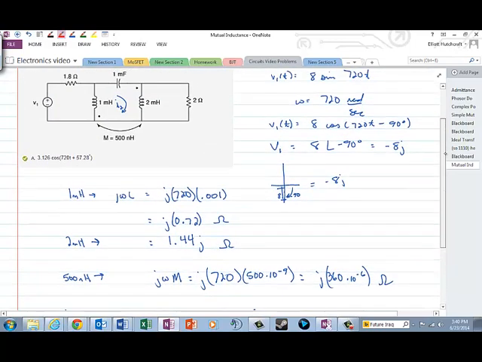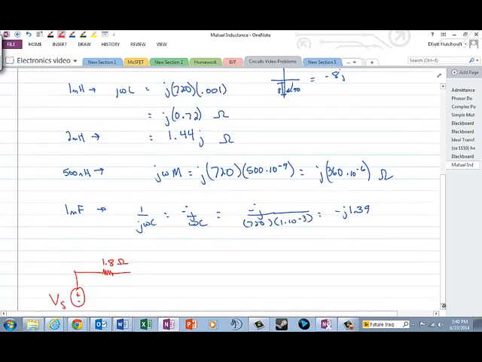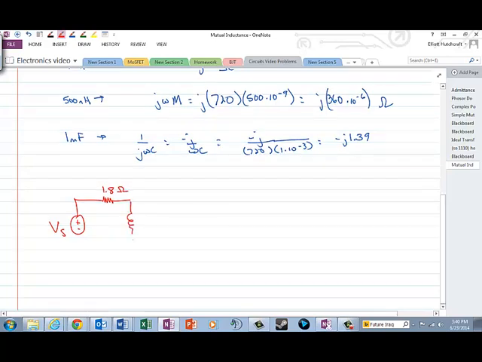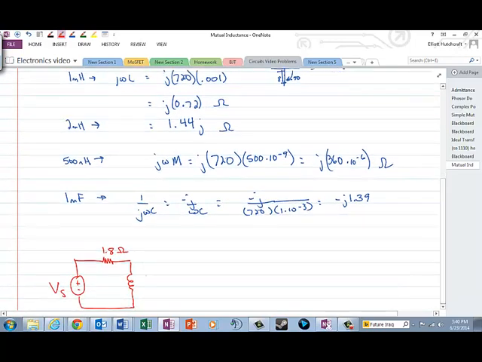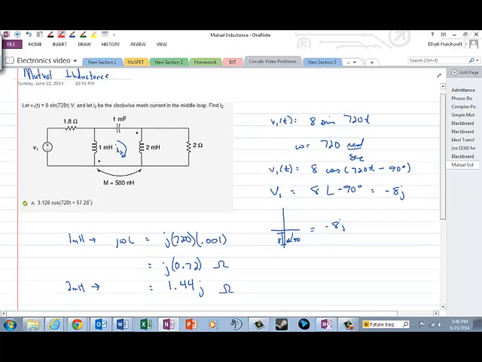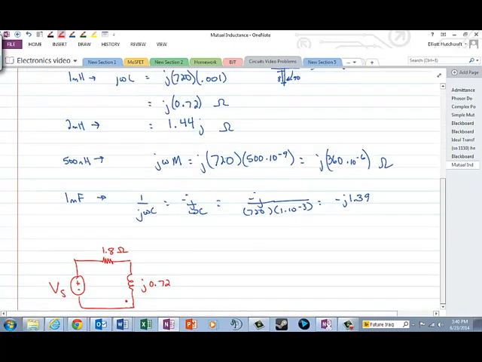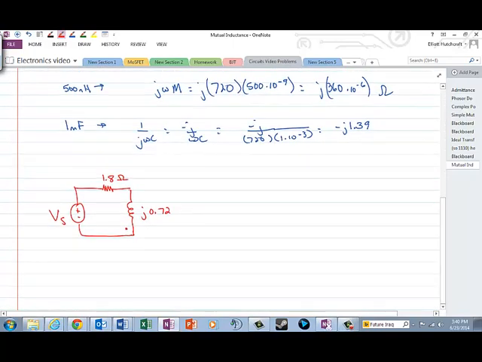We have a 1 millihenry inductor that we changed to j 0.72. The dot for the inductor is down there. We have a 1 millifarad capacitor, which was minus j 1.39. Of course, all of these are in ohms.